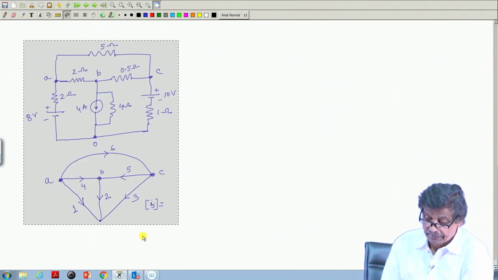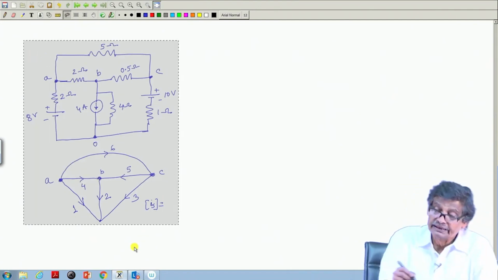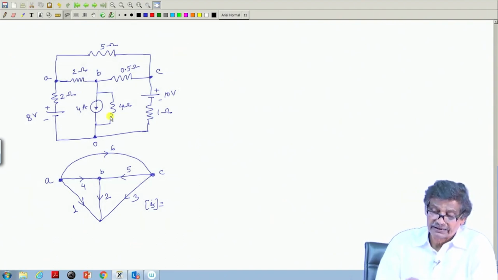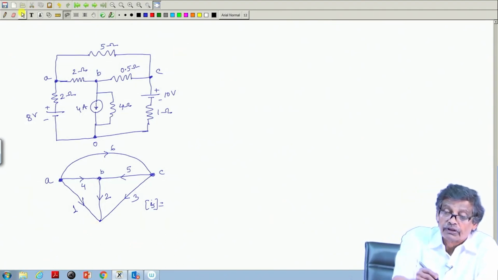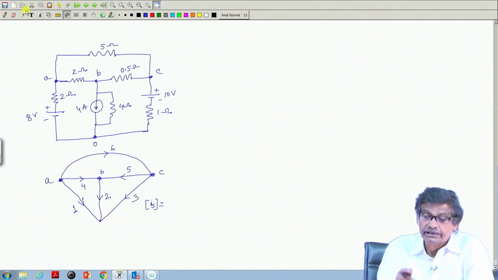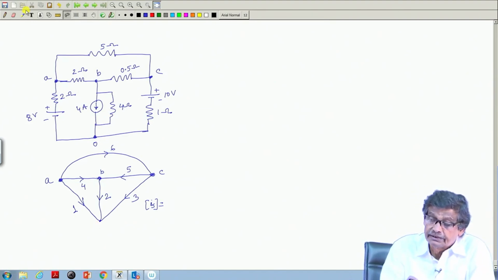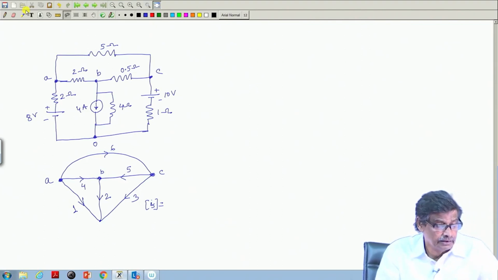Okay. So, this is the network given earlier and we want to solve it. This is the network, this is the graph, all the values and directions are given. I have assumed directions, hopefully you are keeping the same.